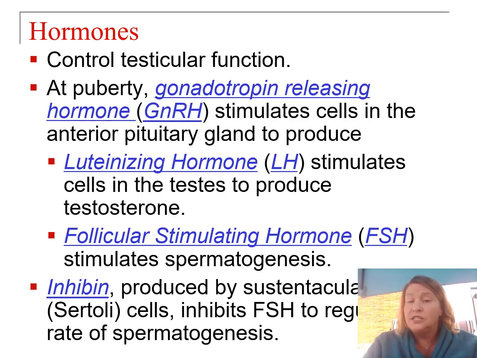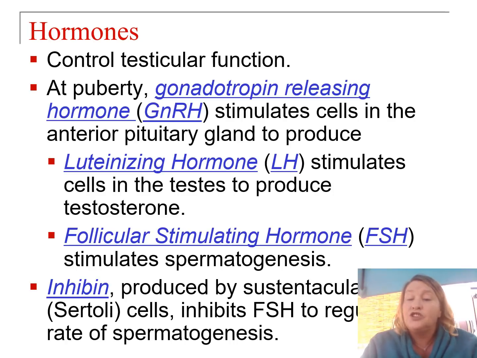The first is the luteinizing hormone, LH for short, and this is what stimulates the cells in the testes, the Leydig cells, or the interstitial cells, to produce testosterone. The second is follicle stimulating hormone, or FSH, and FSH is what supports spermatogenesis and the making of the sperm. It stimulates that process.